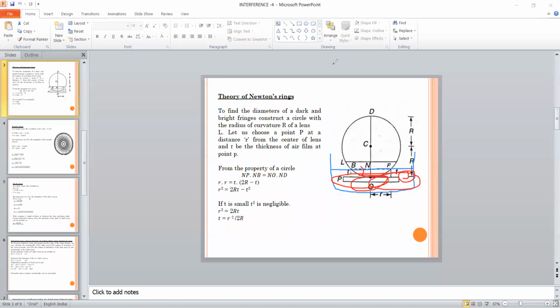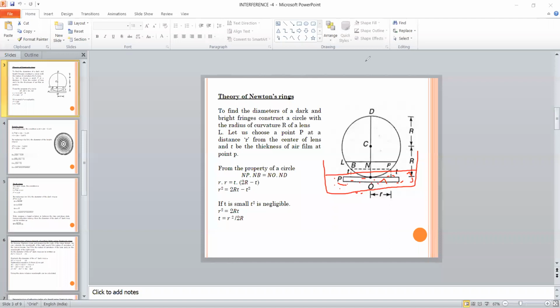Once again I repeat, now put this entire equipment in a vessel and pour some water or any liquid like this. So in place of air, you observe that there is a liquid.